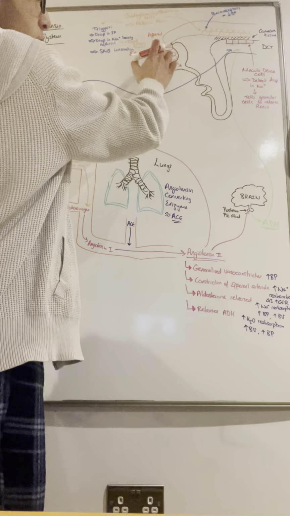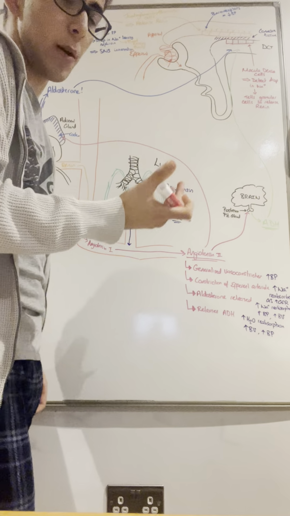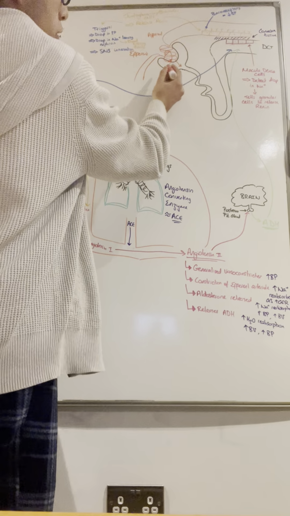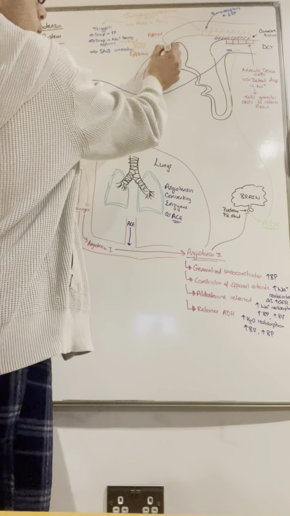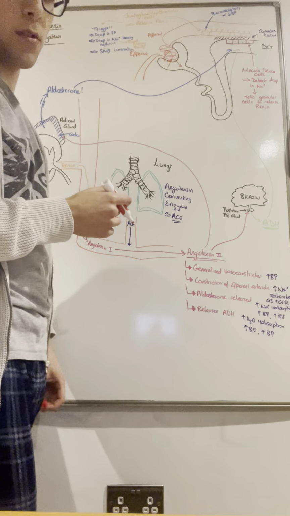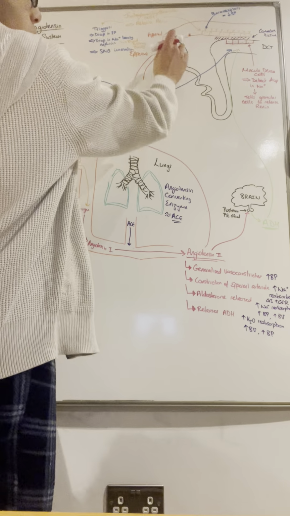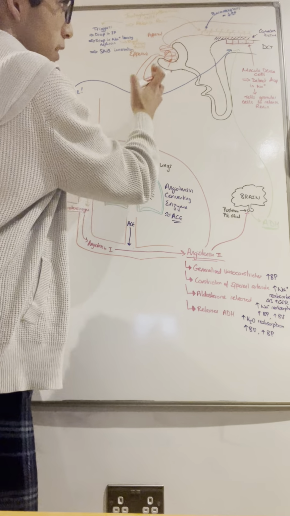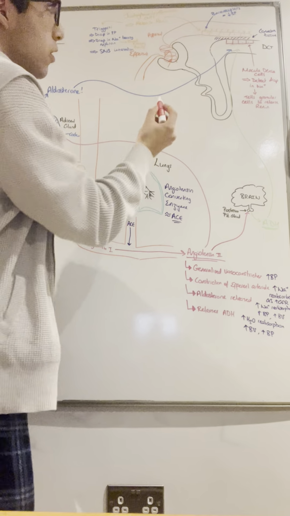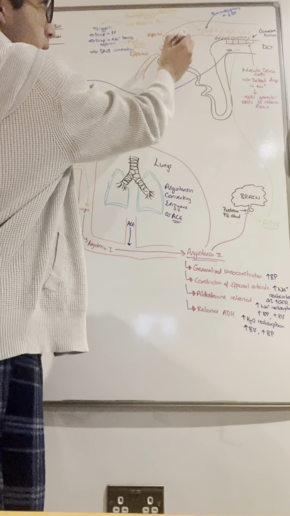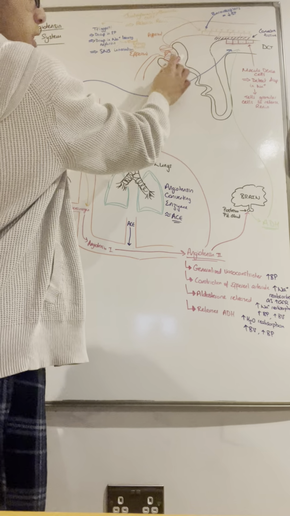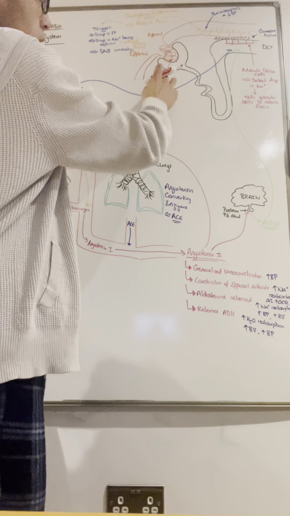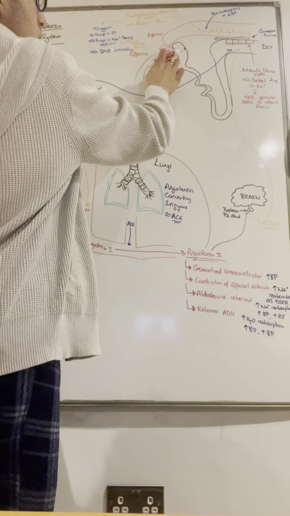Our hydrostatic pressure, which comes from our high blood pressure, has to overcome this osmotic tendency for blood to come back into the arterioles. But if we've got a reduced blood pressure, that means osmotic pressure is going to be greater than hydrostatic pressure. So fluid isn't going to leave the glomerulus and come into our nephron.